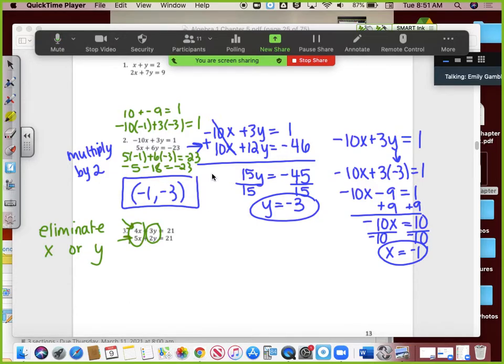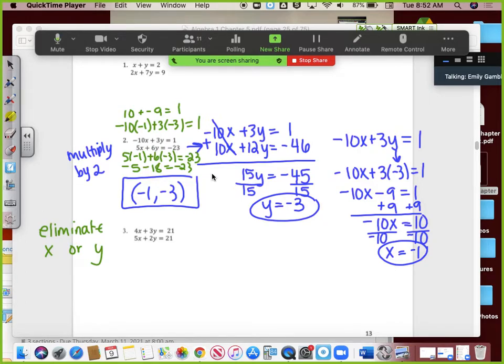Same thing with this one: I can't turn 2 into 3 by multiplying 2 by a whole number. So this problem is more difficult, because we have to take both equations and multiply them by different numbers. We first need to figure out what to eliminate. There's no right or wrong answer. What would you rather eliminate, x or y?